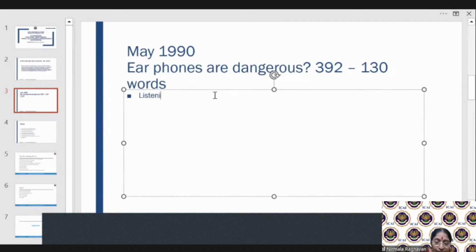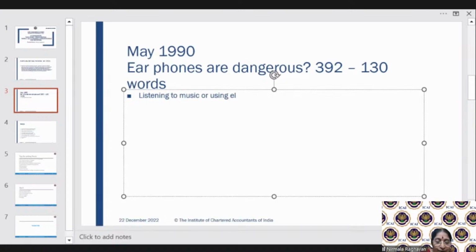Listening to music or using electronic gadgets all the time has become the order of the day.